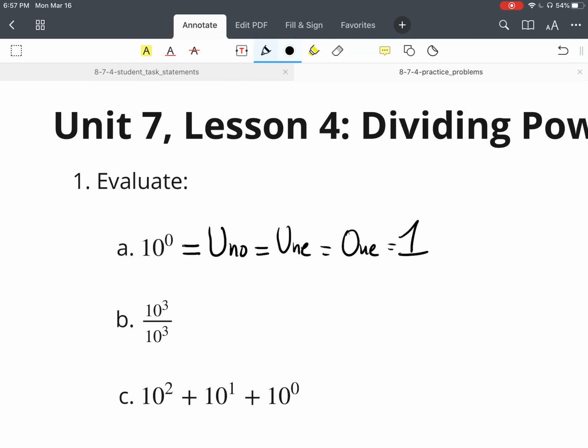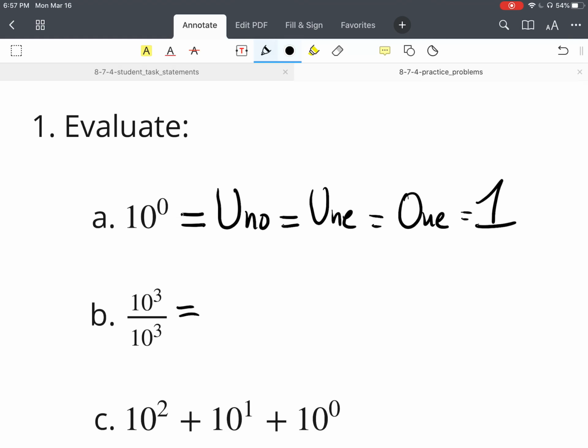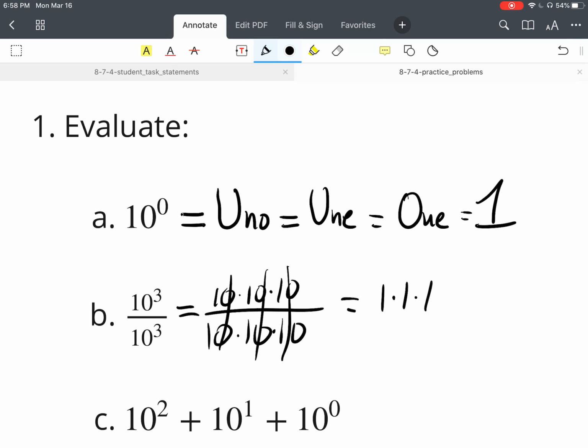This is equal to 10 times 10 times 10 over 10 times 10 times 10. 10 over 10 is 1, 1, 1. 1 times 1 times 1 is 1.